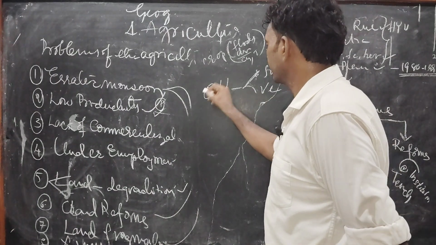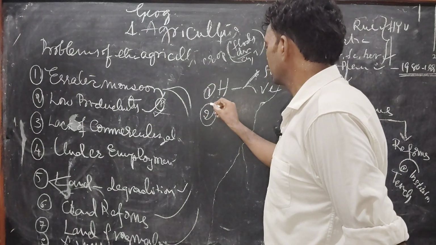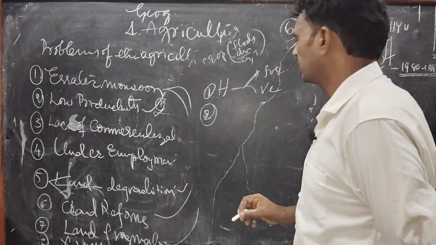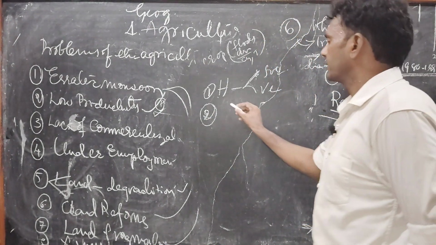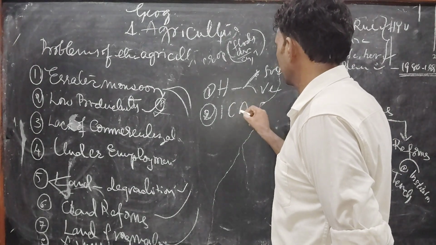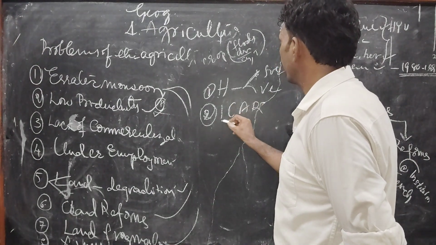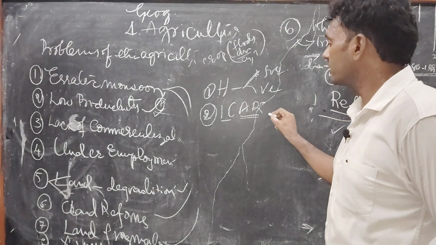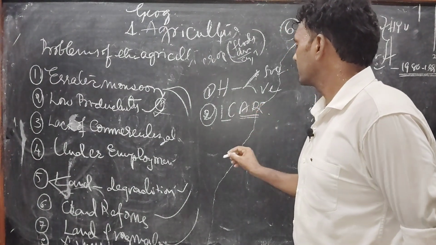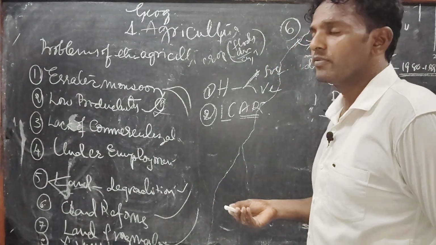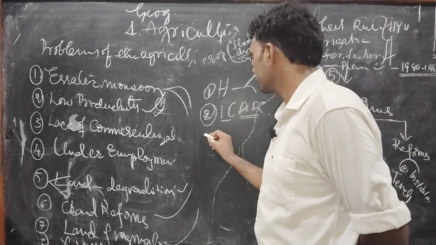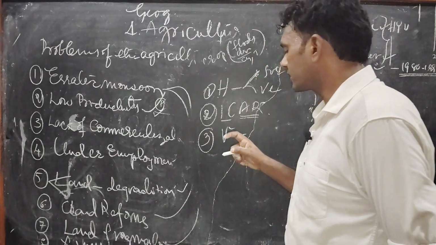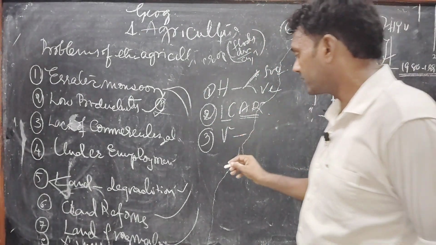And second thing, the Indian Council for Agriculture Research. There is an Agriculture Research Institute. It is always focusing on research to develop new types of breeds and new varieties, and also veterinary services for the animals and all these things.